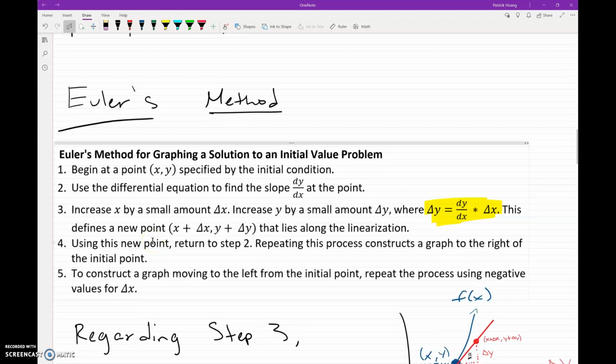We're going to increase x by a small amount, delta x, and increase y by a small amount, delta y, where delta y is equal to dy/dx, the derivative, multiplied by delta x, a small change in x. This gives us a new point that lies along the linearization, the line. Using this new point, we can repeat this process. And by continuing to repeat this process, we're going to construct a graph that is approximating the solution of our differential equation.